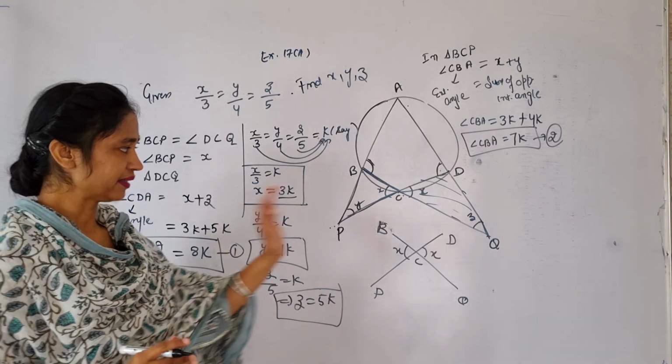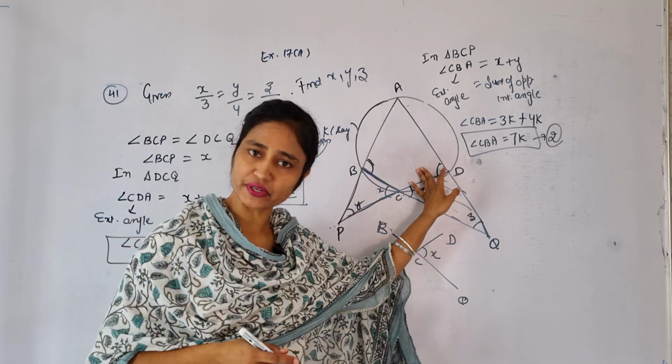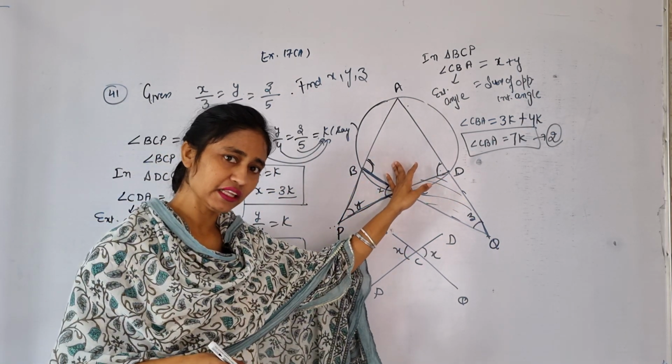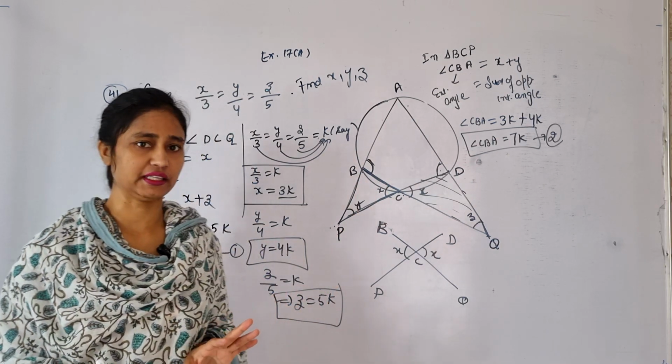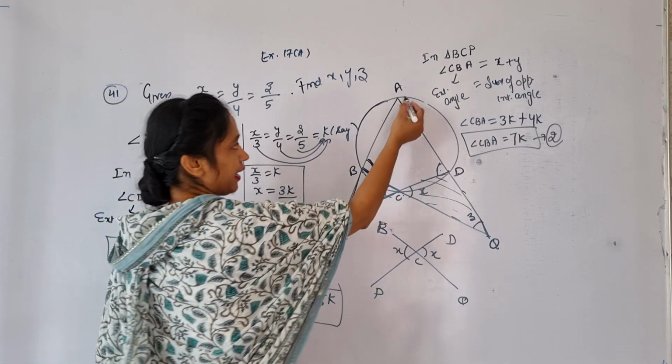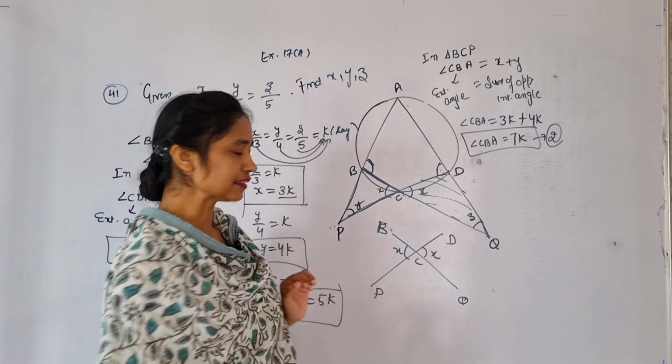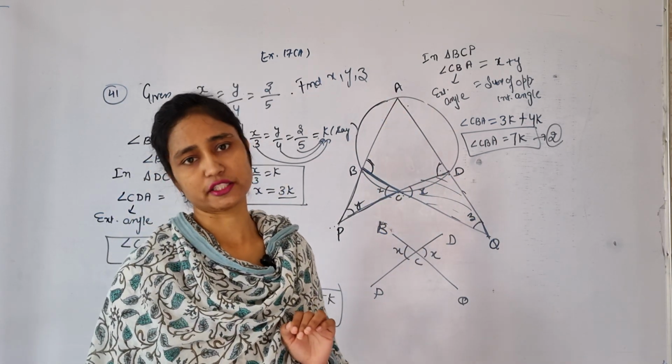Okay, पहले इस ट्रायंगल के लिए एक्सटीरियर एंगल प्रॉपर्टी यूज कर ली, फिर ये ट्रायंगल लेते हुए इस पे एक्सटीरियर एंगल प्रॉपर्टी ऑफ द ट्रायंगल हमने यूज कर ली. नाउ यू विल सी दैट ABCD, दिस इज अ cyclic quadrilateral.